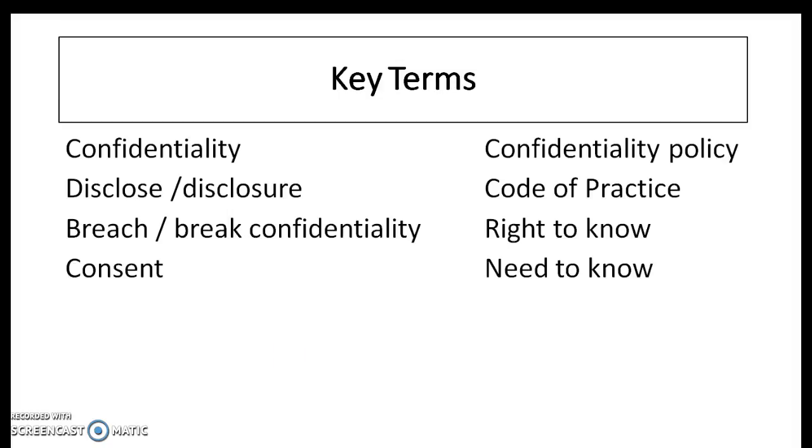Consent. Consent means agreeing to something. You're telling somebody they're allowed to do something. In care settings, we talk about informed consent. So a patient or a service user would be agreeing or allowing you to pass information on to other people, but they know exactly who you're passing it on to and why. So if you go to see a GP and the GP says, I think I need to refer you to the hospital to have this investigated further, he would ask you, is that okay?